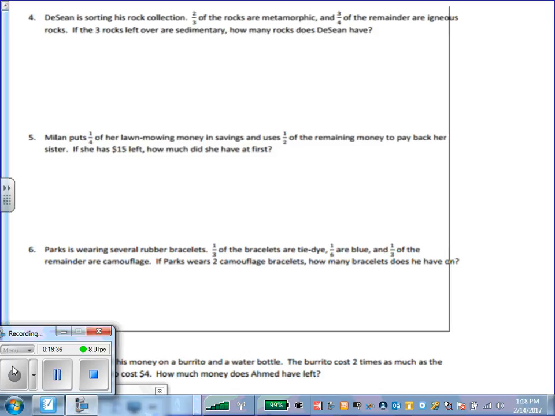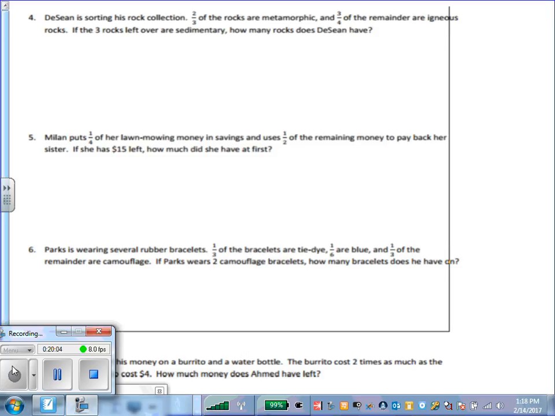Now, if you look at this problem, what is different about this problem from the other problems? Zach? Okay, it has a whole number in it. The other ones had whole numbers, but what are we going to have to do differently on this one?